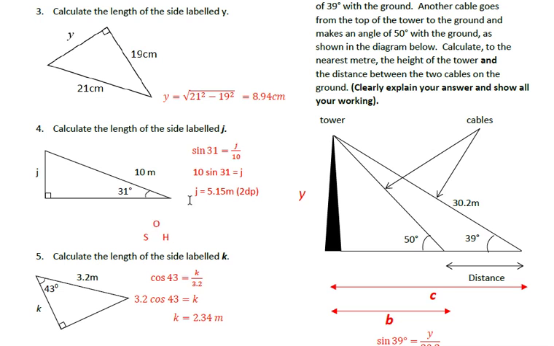O and H there. So what we use is sine 31, sine of the angle, always follow it by the angle, equals, always put an equals sign in there, equals the opposite, and in this case opposite O is in fact J, opposite the angle 31, which is J over here, so put in J, and then we've got the hypotenuse, which is 10, so we'll put that in there as well.